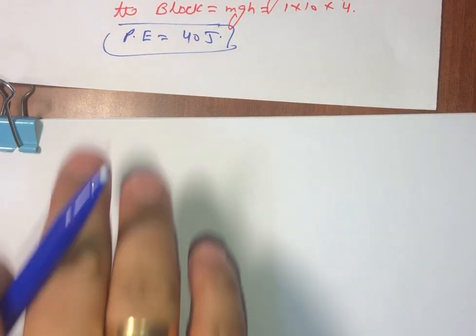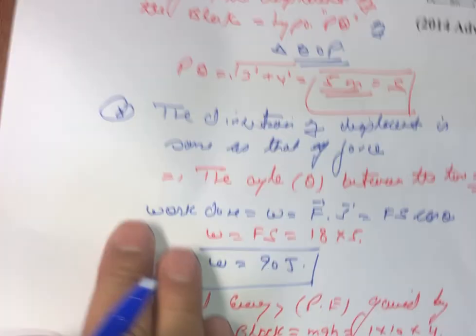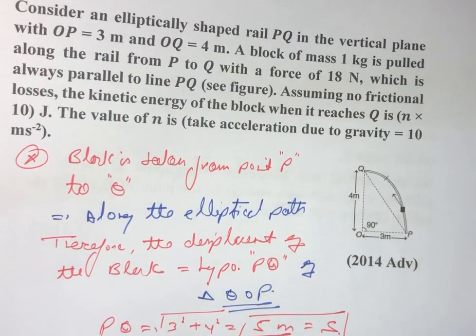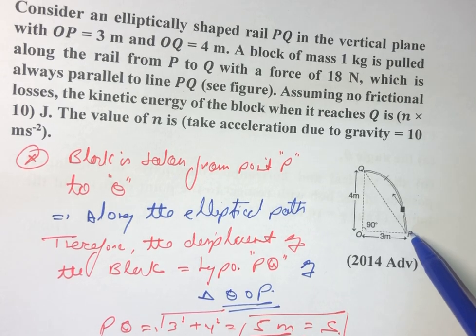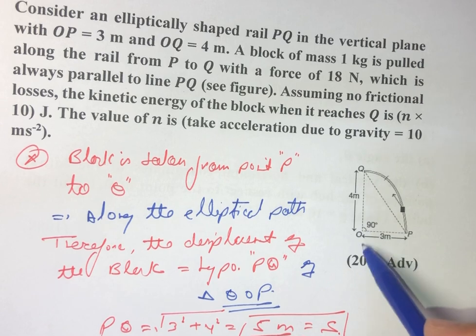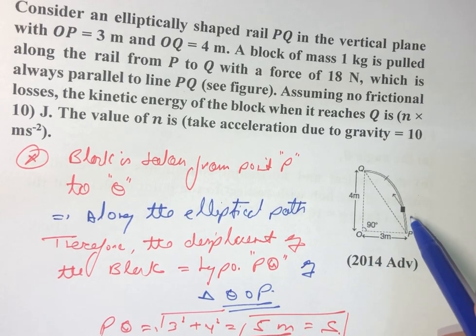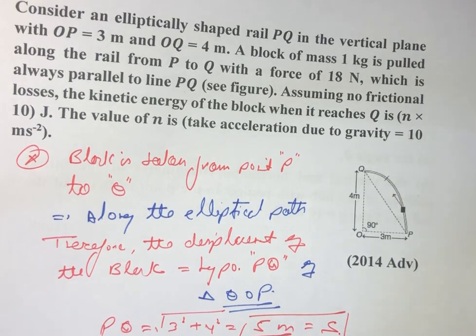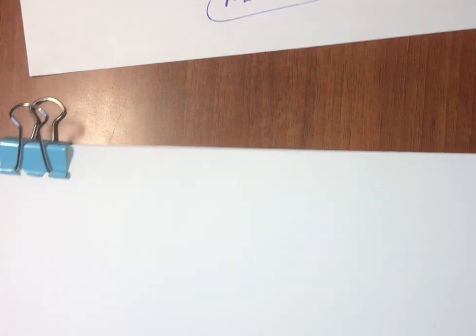So here we know the value of the work done, which is W 90 joules, and potential energy is 40 joules. So the block here consists of two types of the motion. One is which is moving in the height, along with that there is a velocity. So work done will be a combination of potential energy as well as the kinetic energy.